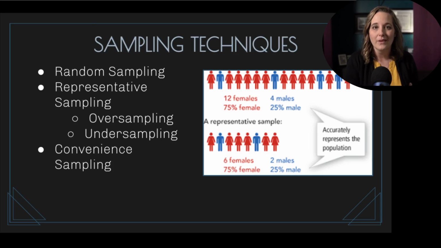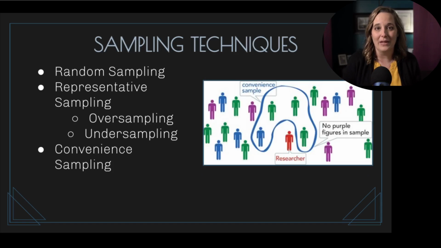So for example, say you had a sample group that was all men. In that group, if you're trying to extrapolate out to the entire United States, you would have oversampled men and undersampled women. Convenience sampling, though, are where subjects of the poll are selected because of their convenient accessibility and proximity to the pollster.